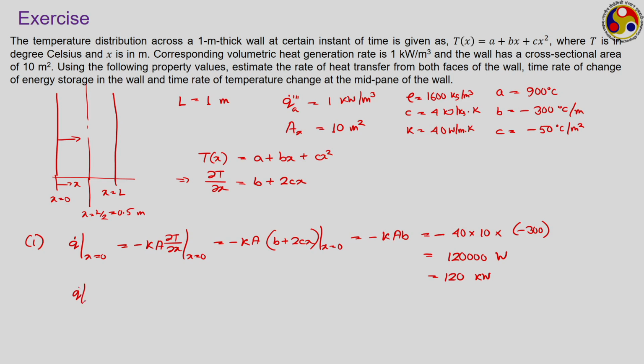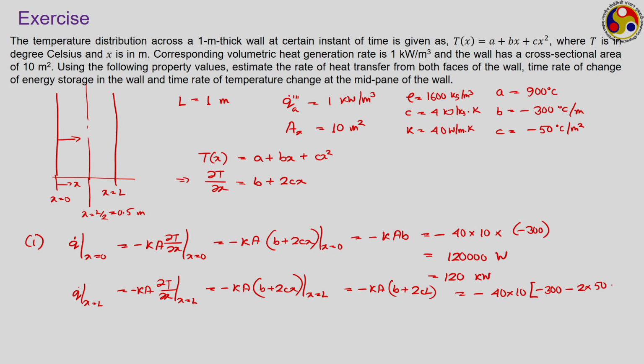Similarly, Q dot at x equal to L should again be equal to minus kA ∂T/∂x at x equal to L. So it becomes minus kA(B plus 2CL), equal to minus 40 into 10 into (minus 300 minus 2 into 50 into L), where L in this case is equal to 1.